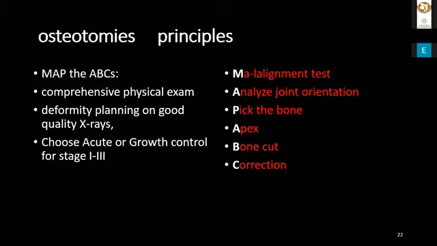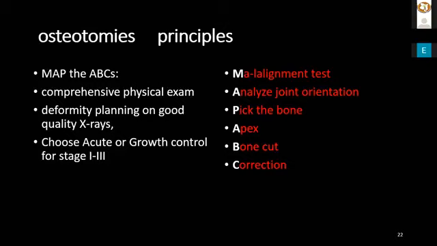You identify the apex of the correction, because if you do your osteotomy at that point, the apex usually represents the center of rotation axis, and that will help you do the correction in axial, sagittal, as well as coronal planes.